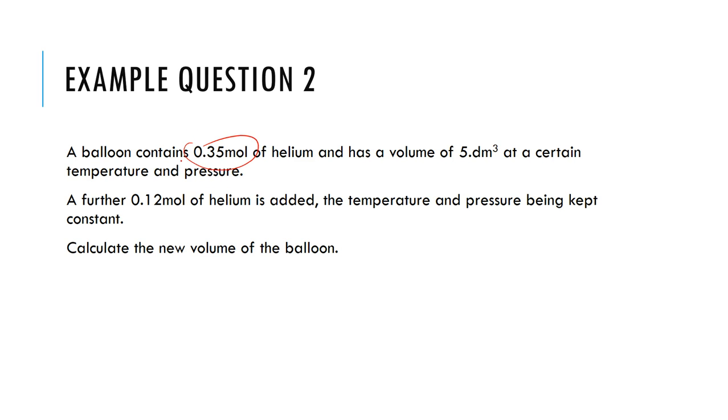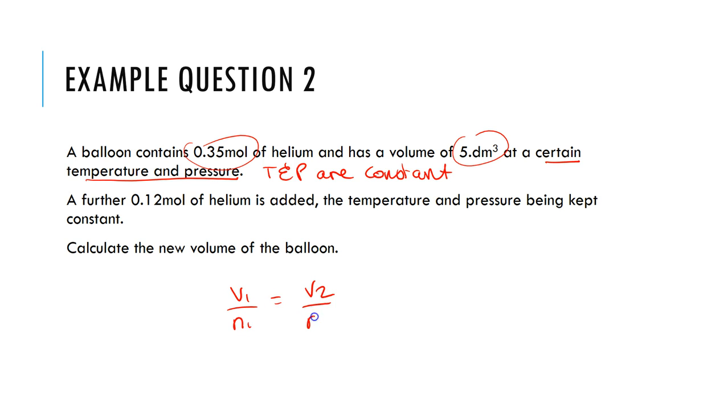This time we have 0.35 mole of helium and it has a volume of 5 decimeters cubed at a certain temperature and pressure. This is just telling me that T and P are constant, so I'm okay to go ahead and use my V1 over n1 is equal to V2 over n2 equation.